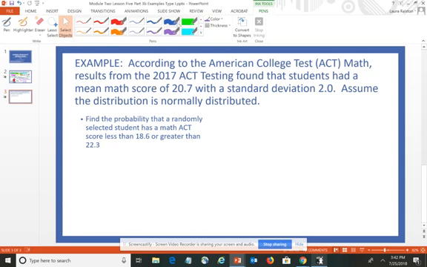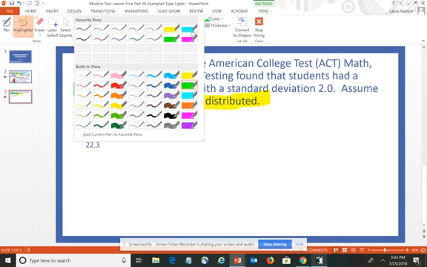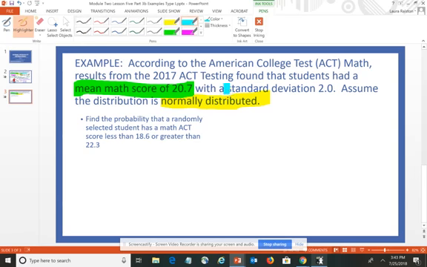Same question. We still know that our distribution is normally distributed. We still know we have a mean of 20.7, and we still know that we have a standard deviation of 2. All of that holds true, and again, we're being asked to find the probability.